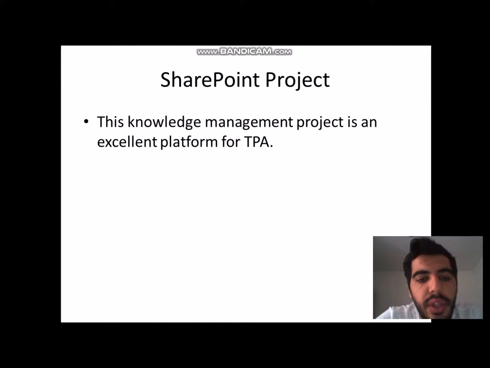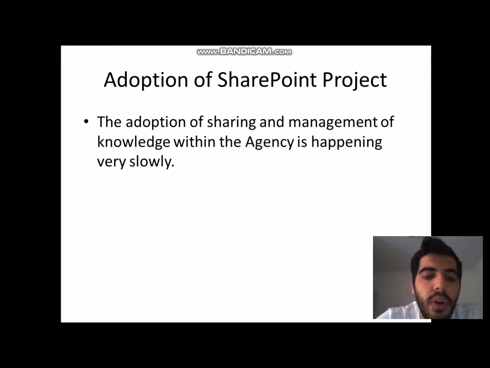SharePoint project. This knowledge management project is an excellent platform for TPA. It generally has functionalities which incorporate not only SharePoint but also Microsoft Project. It needs to be used as it is supposed to be used in order to be effective. Adoption of the SharePoint project.